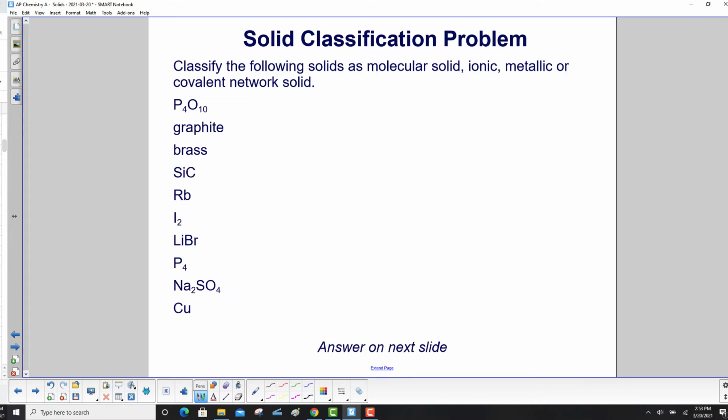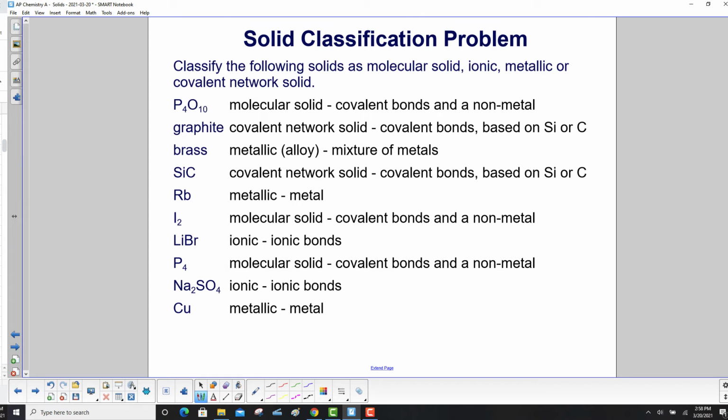Classify the following solids as molecular solid, ionic, metallic, or covalent network solid. Phosphorus pentoxide is a molecular solid. It has covalent bonds and is a nonmetal. Graphite, a covalent network solid, covalent bonds, and it's based on silicon, or in this case, carbon.